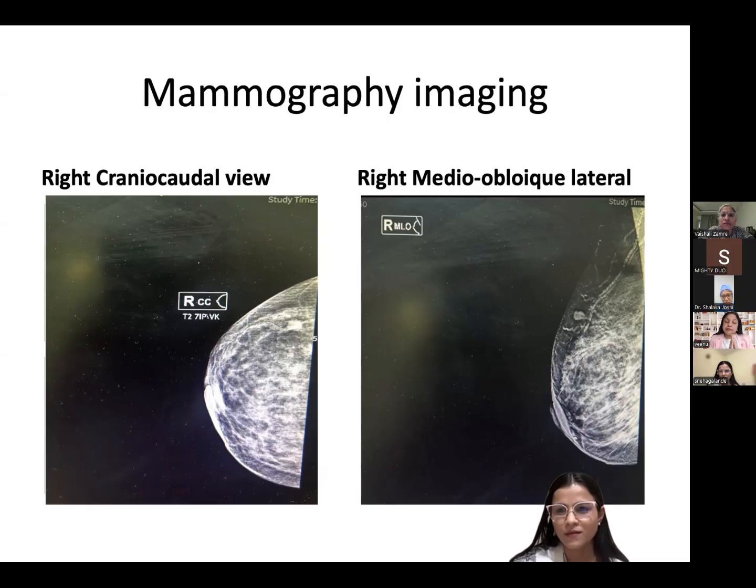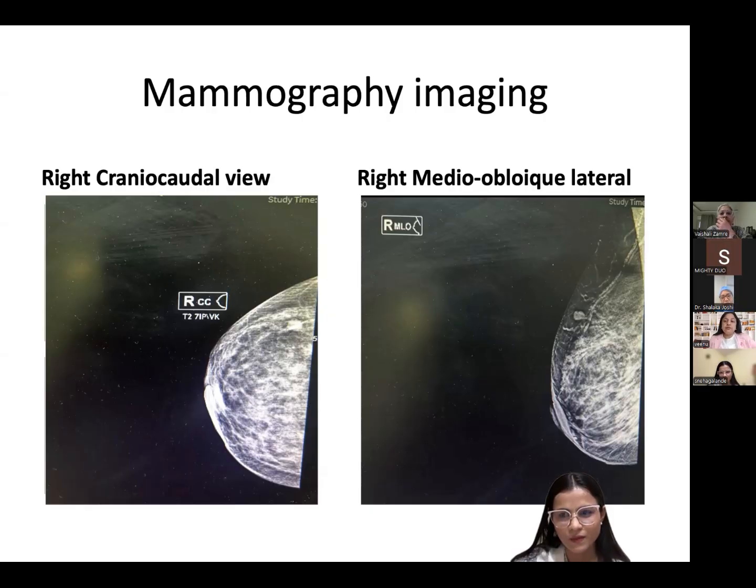But if she has functional imaging, either a contrast enhanced mammography or an MRI, then the enhancement characteristics of the mass will help us discern whether to keep it on follow-up by calling it a BIRADS 3, or to biopsy it by calling it BIRADS 4 if it is showing washout kinetics. If it is showing persistent or plateau kinetics, I will keep it BIRADS 3 and follow it up.